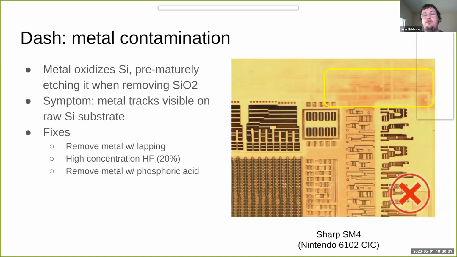The second thing you can do is use higher concentration hydrofluoric acid. It turns out that most people, when they're doing this, will use something like Wink, which is roughly a 2% hydrofluoric acid solution. But that tends to eat metal at a much faster rate than a 20% or a 50% solution.